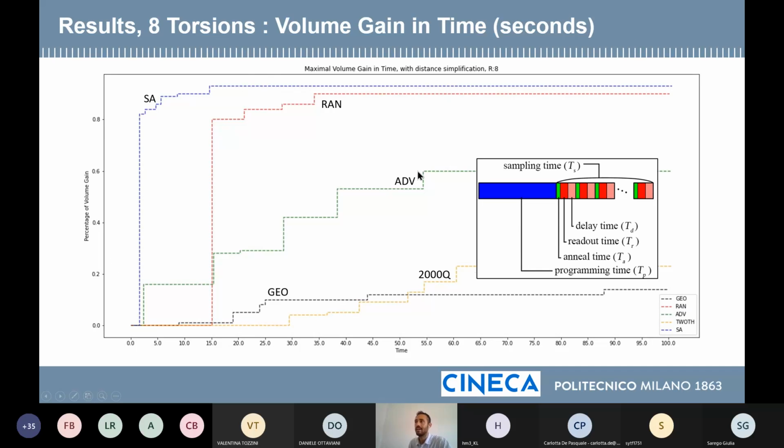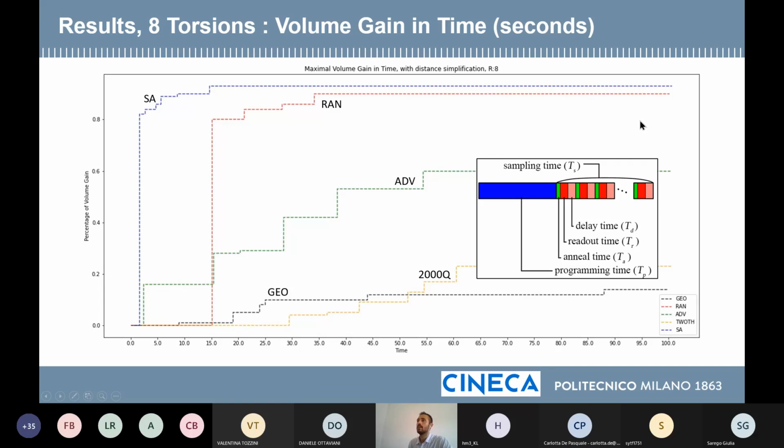That's why increasing the problem size means you also need to increase the number of samples that you take. With 10,000 not being enough, you probably have to go to 1 million. So the total programming time starts to be important in this case.